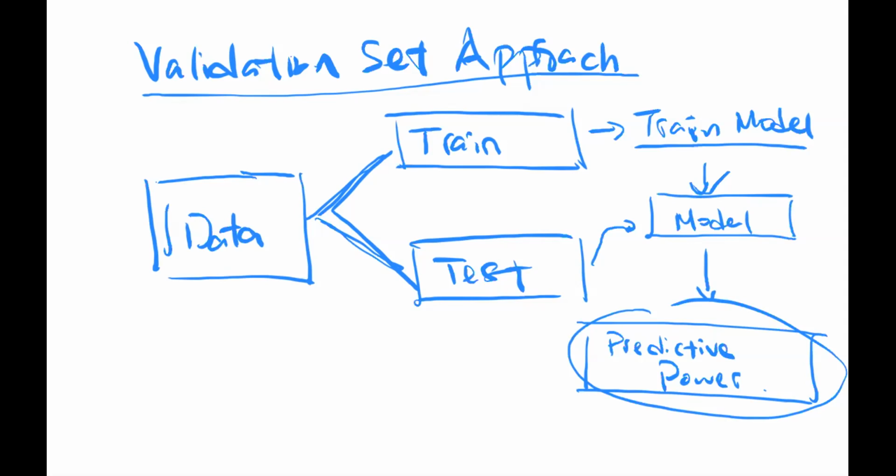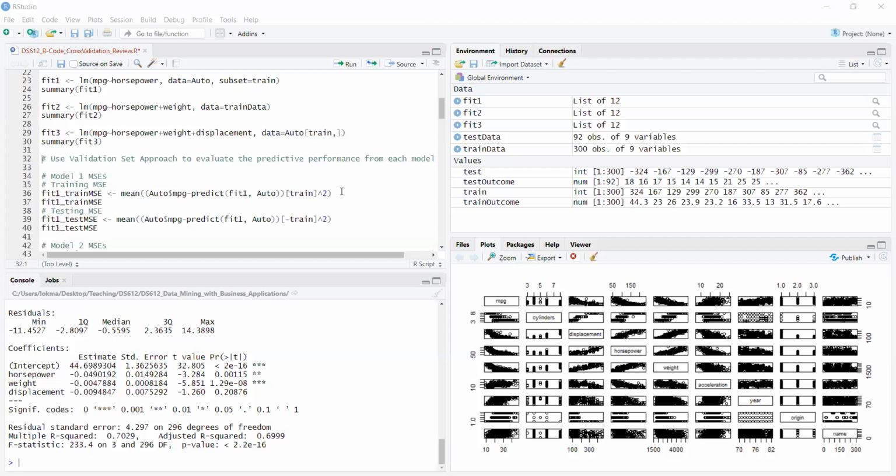So let's go back here to the outputs. What we're going to do is to basically calculate the mean square error of the testing data. Well, we can actually do the training MSE first, right?